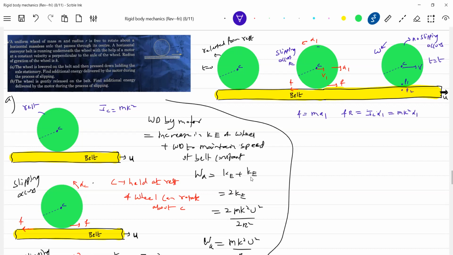This is a sliding friction, not a rolling friction, so F should be equal to mu mg. So a1 is mu g, and alpha 1 is mu g r by k square.